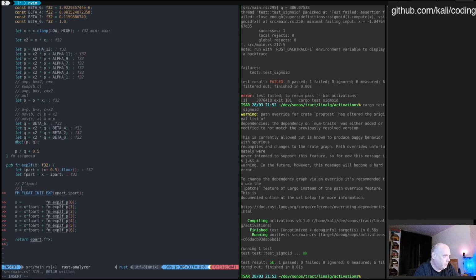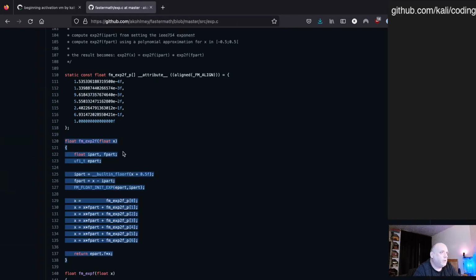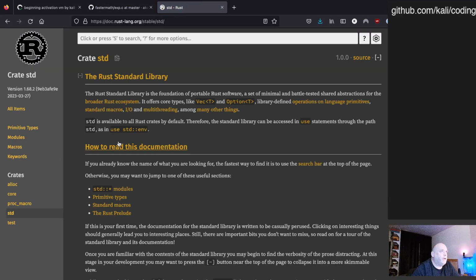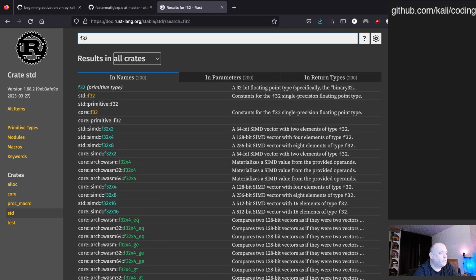So I will need to make I part an integer. And so in Rust in F32 we have a couple of functions, or maybe just one function, from bits.